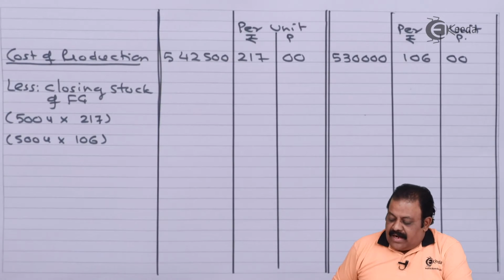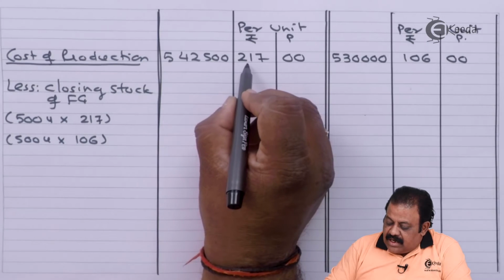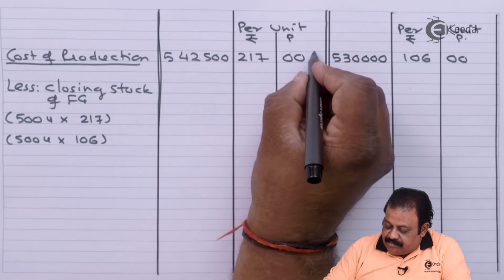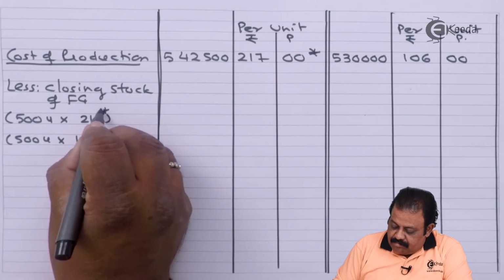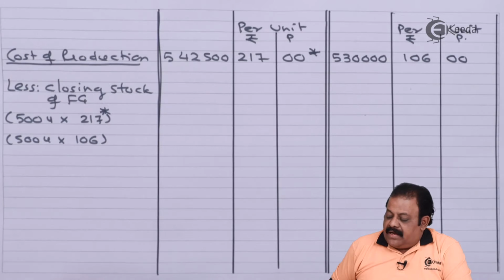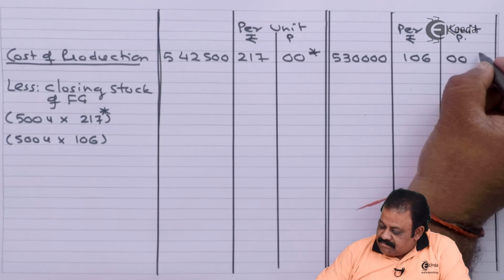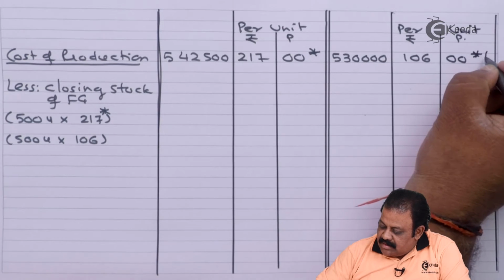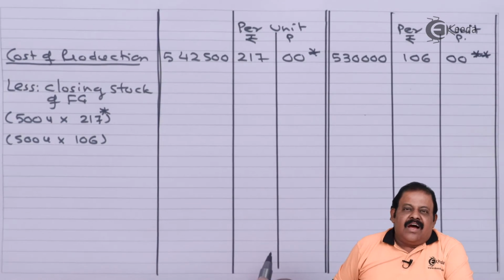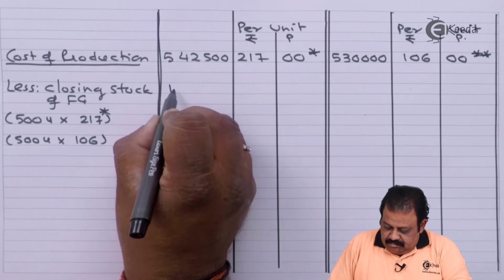Those will be valued at current cost of production, that is 217 rupees. In case of Viveka pen, closing stock is 500 units. It will be valued at current cost of production 106 rupees.